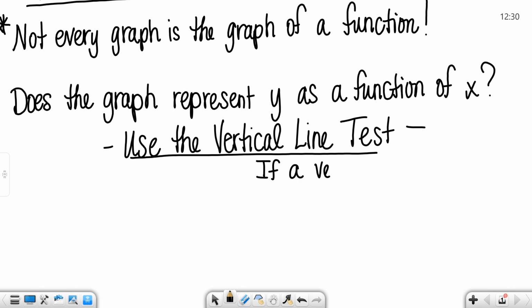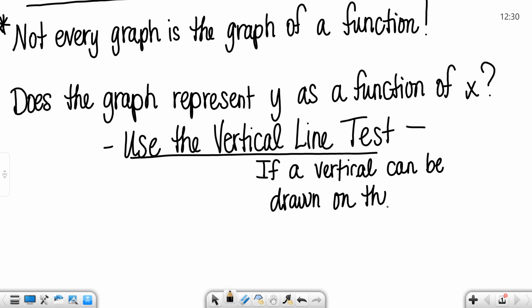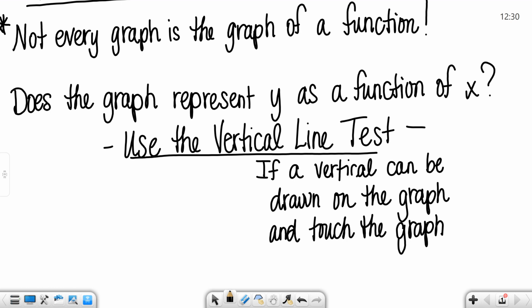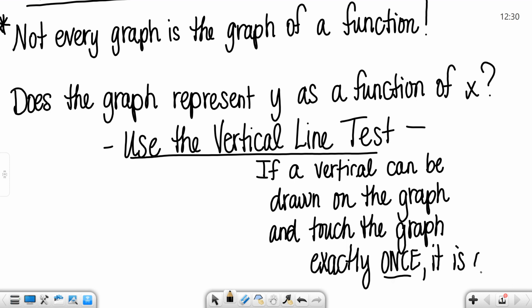If a vertical line can be drawn on the graph and touch the graph exactly once, it is a function. So if it touches it more than once, it is not going to be a function.